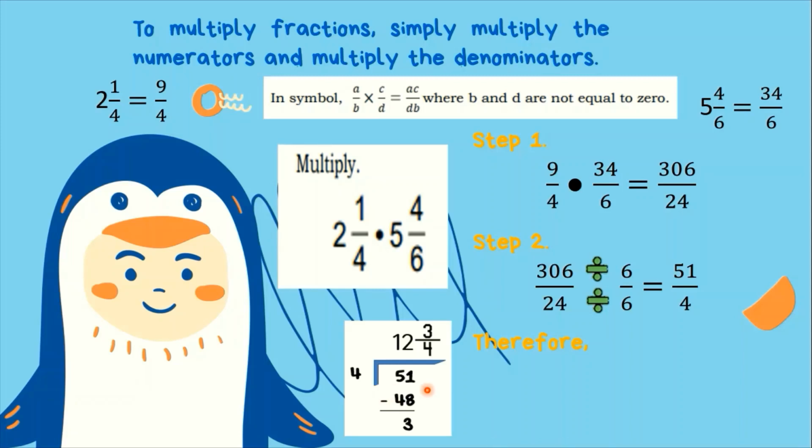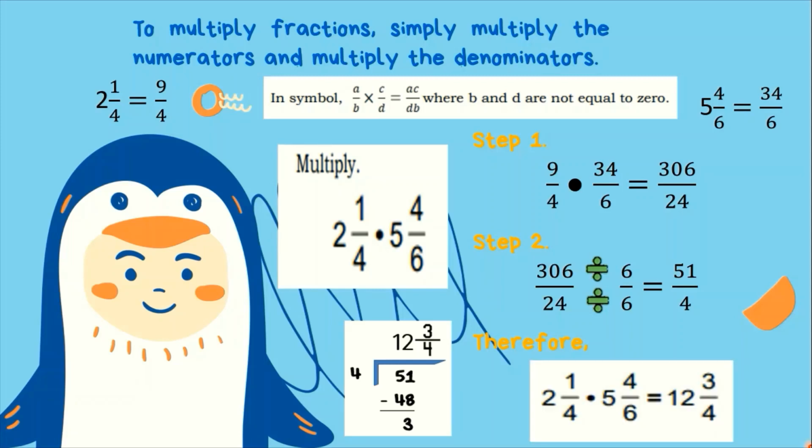And then subtract 51 and 48, meron tayong remainder na 3. Let's use 3, the remainder, as the numerator of our fraction part, and then copy the denominator, which is 4. Therefore, 2 and 1/4 multiplied to 5 and 4/6 is equal to 12 and 3/4.